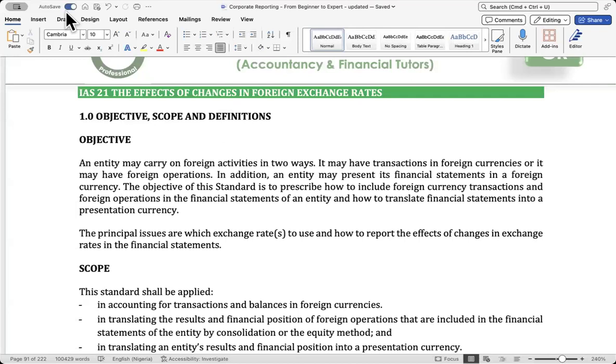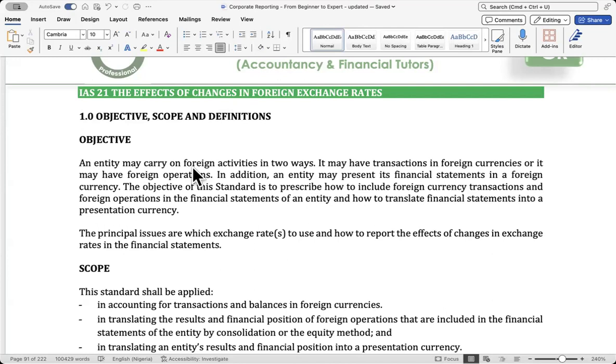So IAS 21 is about the effect of changes in foreign exchange rates. Basically, the objective of this standard looks at the fact that entities can carry out foreign activities in 2 ways.